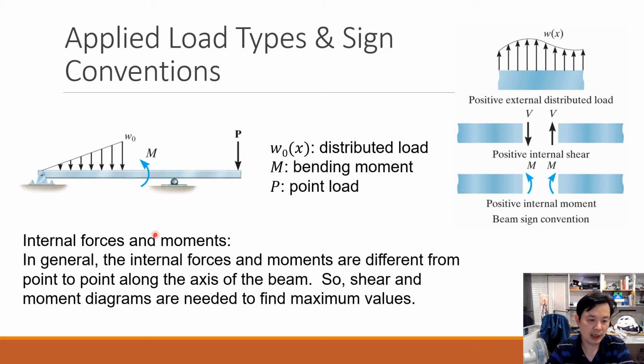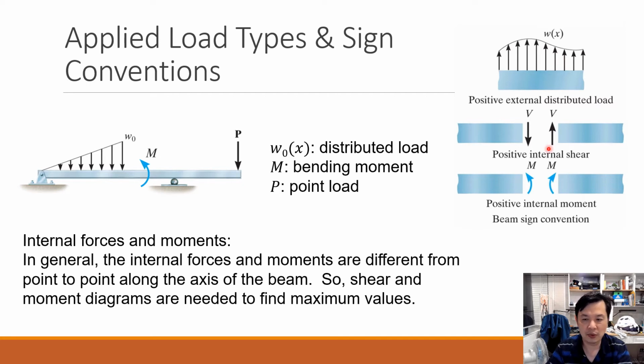Next, we'd like to know how to examine or how to present our internal force. We call it shear force, moment, and external distributed load. This is the sign convention for them. For external distributed load, upward direction is the positive direction.